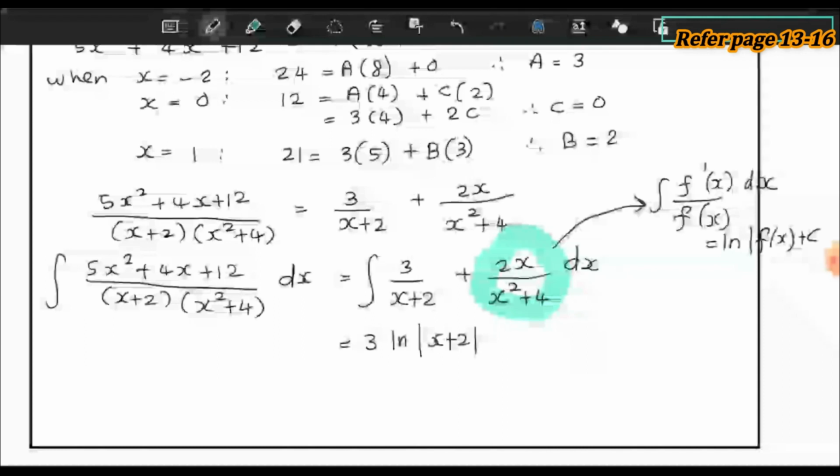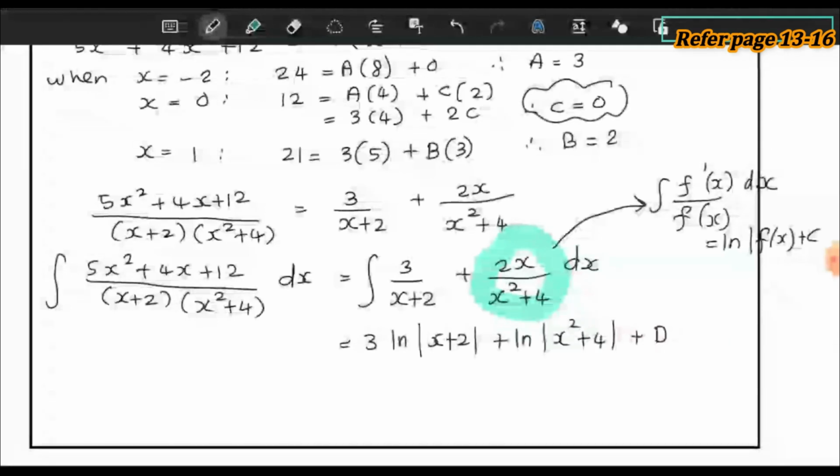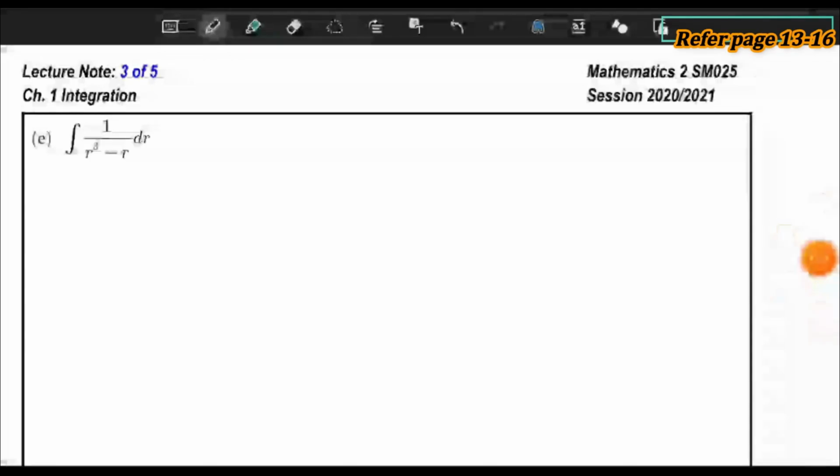So the answer is 3 ln|x + 2| plus ln(x² + 4) plus d, because we have c already. So I'm using d. But for those who cannot remember this rule, you can use the substitution method.